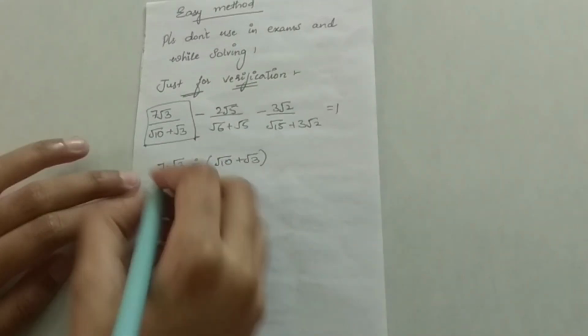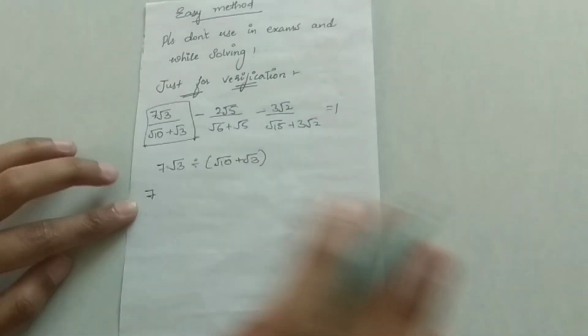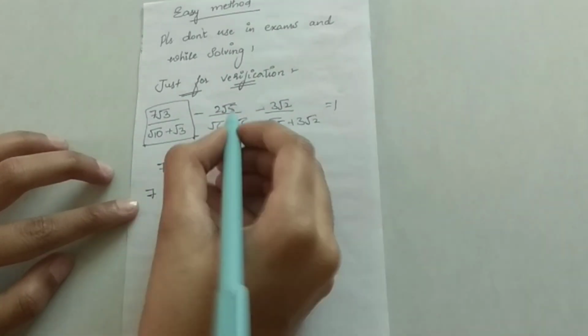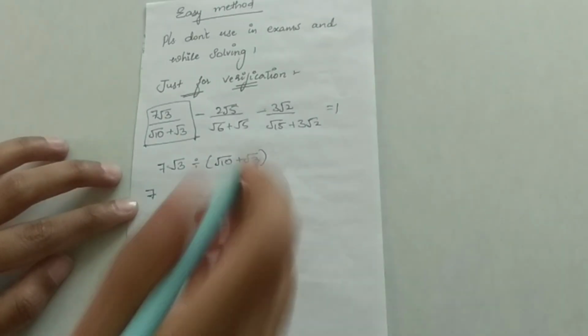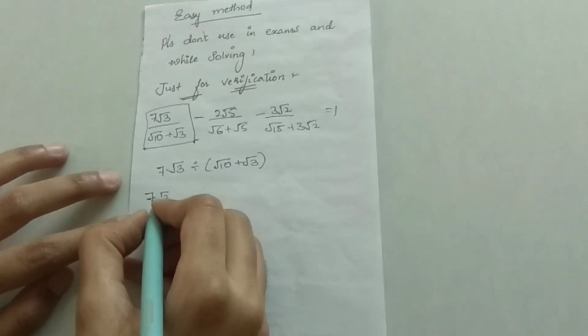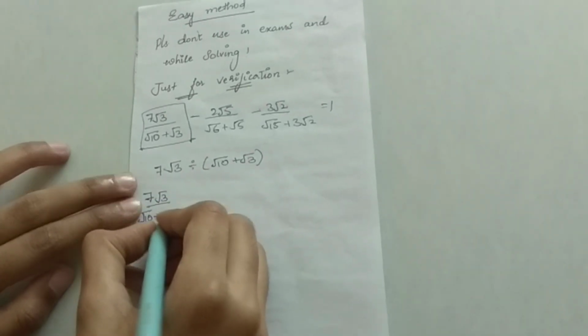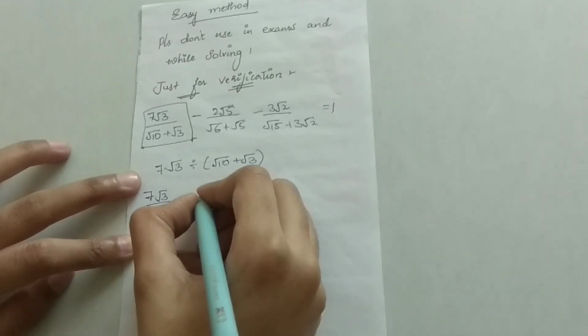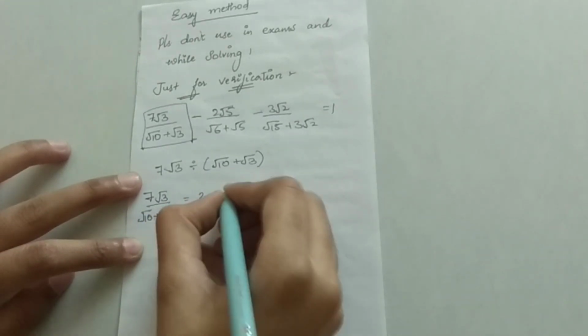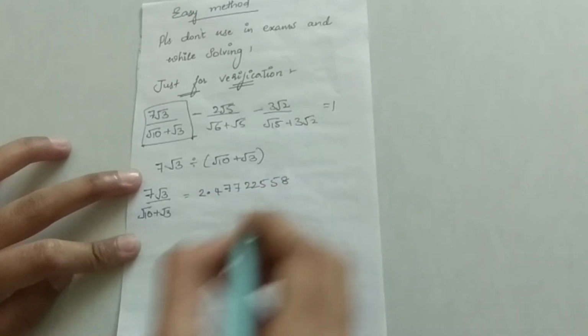It will give values separately, so try each separately. Don't do all of it together, it will go wrong again. First this one, then this one, and this one. I found it out on the calculator also. 7 root 3 divided by root 10 plus root 3 has the value 2.47722558.